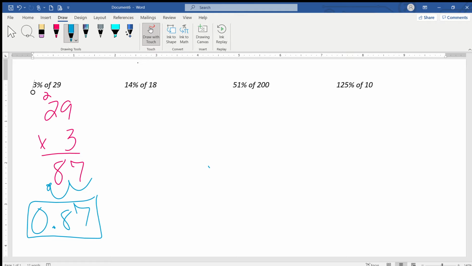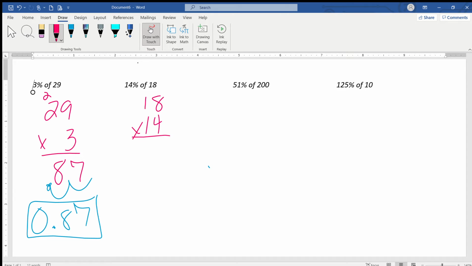Next one, same thing. You're going to multiply 18 and 14. 18 times the 14. Multiply the way you normally do. If you use the box method, you can use the box method. Some of you might be wondering, what is she talking about? Whichever method you use to multiply, go ahead and multiply. Normal, just multiply like you usually do.